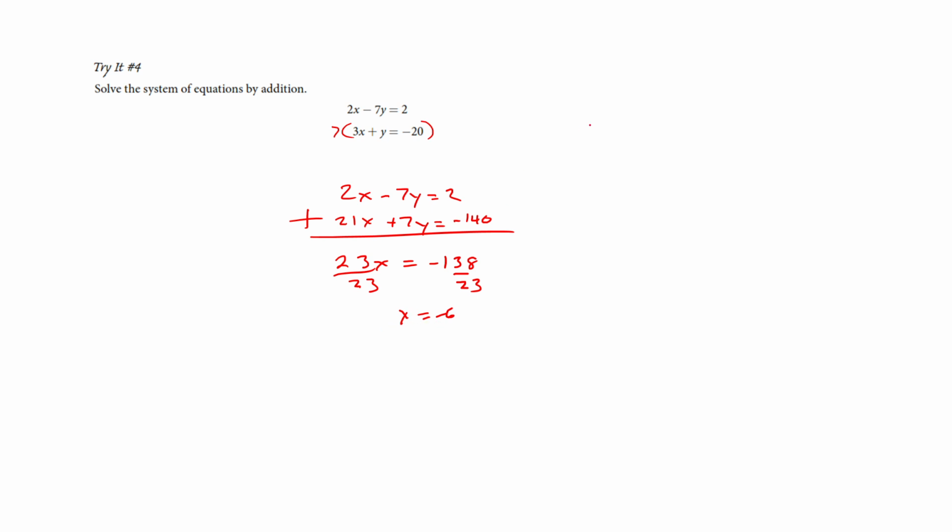Okay, so now let's plug it in. 2 times -6 is -12, minus 7y is 2. Okay, so my point here is (-6, -2), and that's a solution to this system. I could double check by plugging it into both, but this method is going to work for us, and we got it.